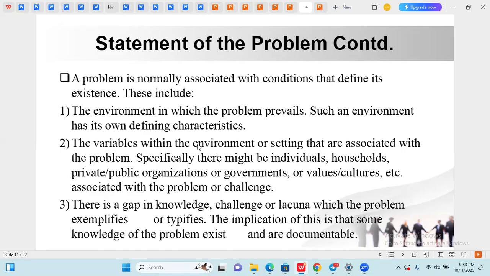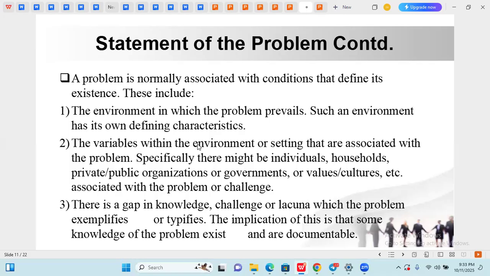They are traveling out, depending on what you want to do. So the variables within the environment. Specifically, there might be individuals, also private, public organization, or government values or culture, etc., associated with the problem or challenge. So you must come up with a write-up on that.